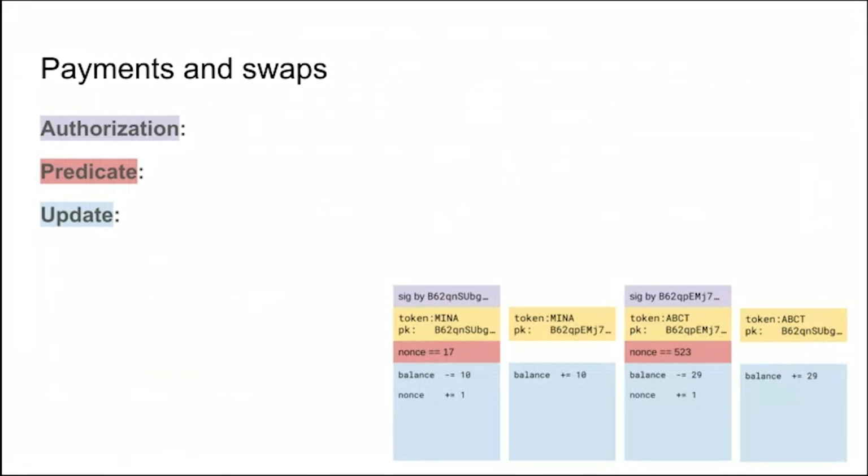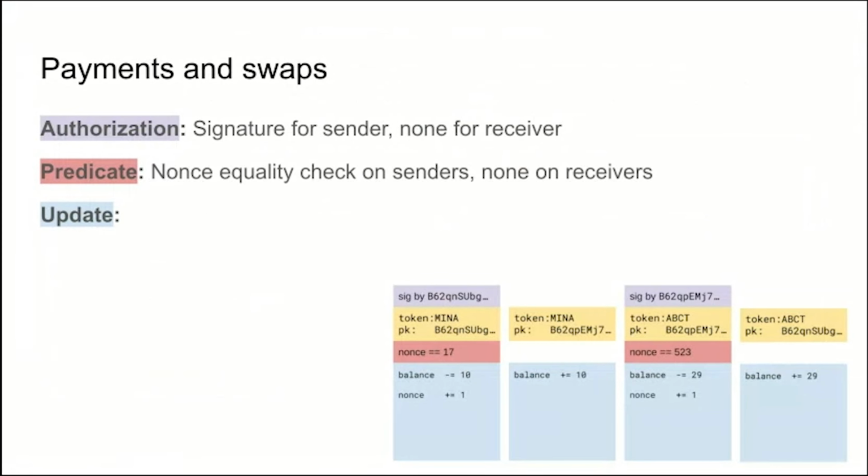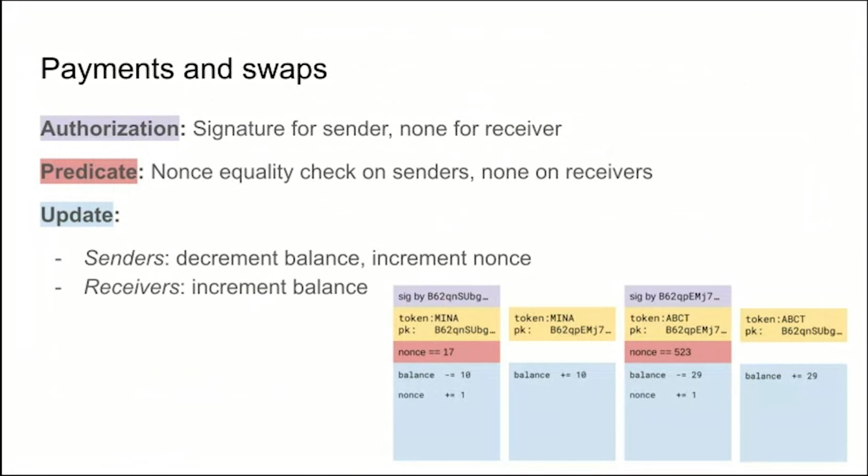And just to really drive things home, let's go through this example of a swap or a payment. What is the authorization? It's the signature for the senders and nothing for the receiver. What is the predicate? It's the nonce equality check on the sender, nothing on the receivers. And what's the update? On the senders, we decrement the balance, we increment the nonce. And on the receivers, we increment the balance and don't touch the nonce.